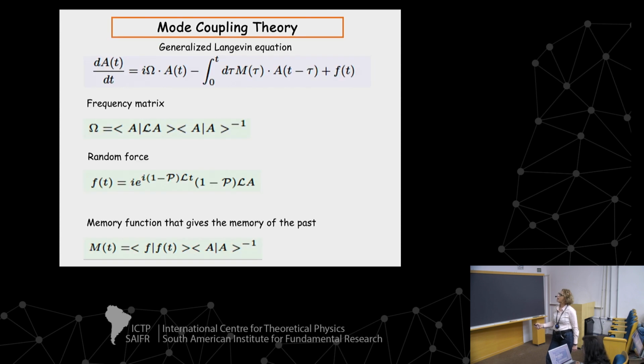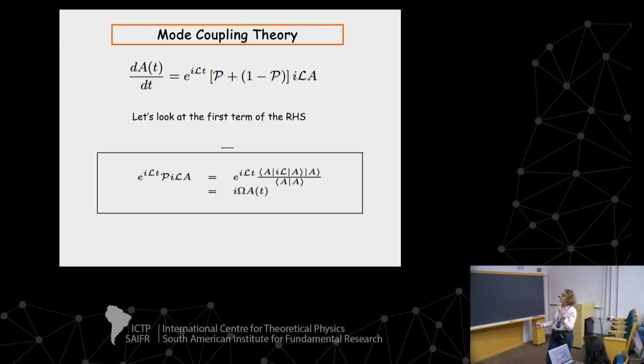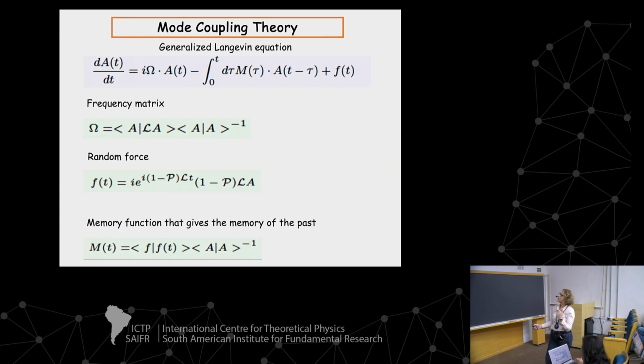Let's now see how I define omega and f of t, because here we have an f of t. We had in the previous slide an omega, which comes from this. So let's write the final equation, the final generalized Langevin equation. So far, I'm only introducing a memory kernel in the Langevin equation, and it's not mode coupling so far, okay? As I told you, the mode coupling theory is one way of doing the memory kernel, but the memory kernel theory is already there, okay?